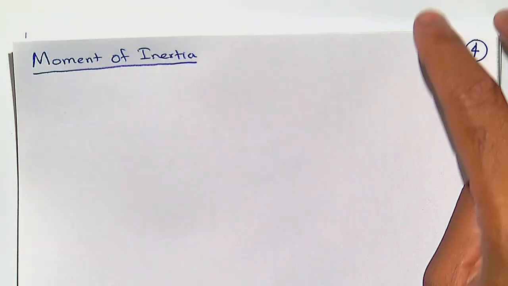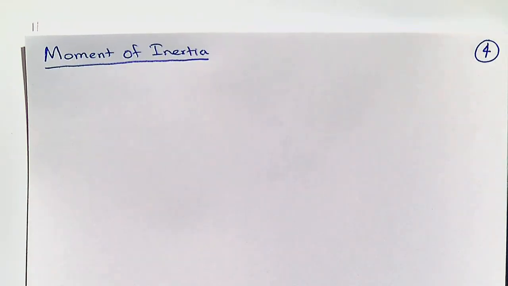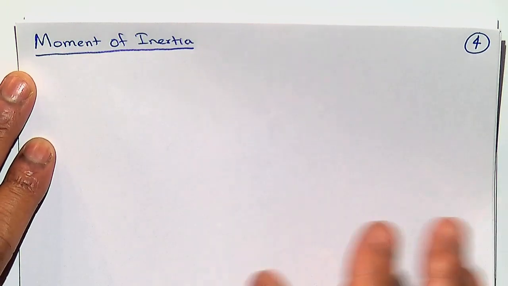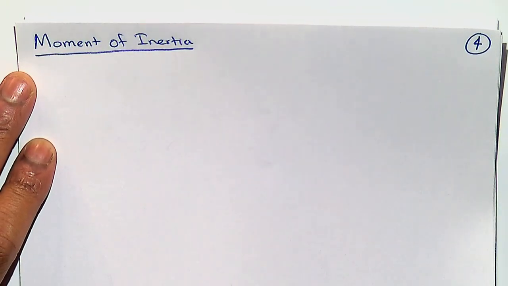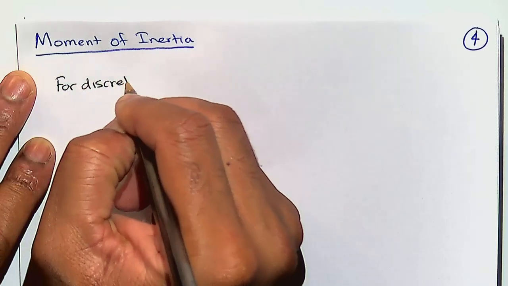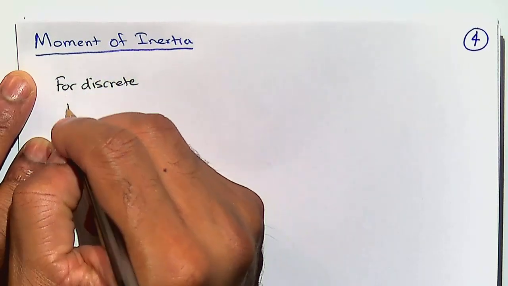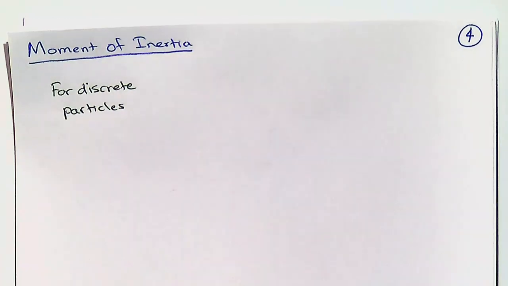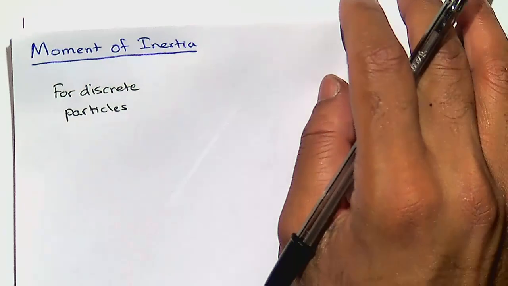All right, so let's take a look at how you would describe this more mathematically. For the moment of inertia, we're going to start off by thinking about discrete particles. It's a simplification just to get an idea.